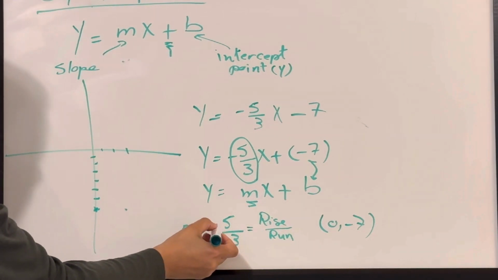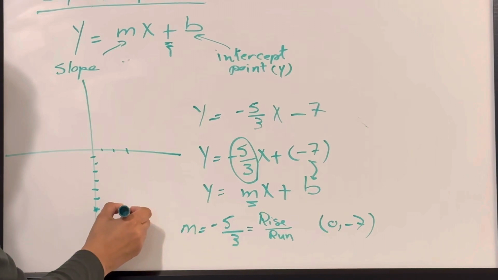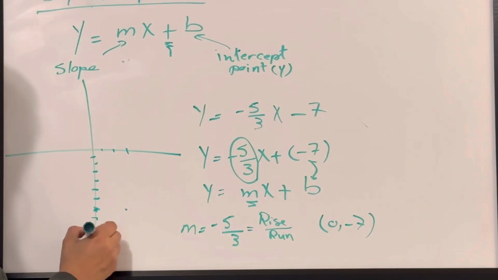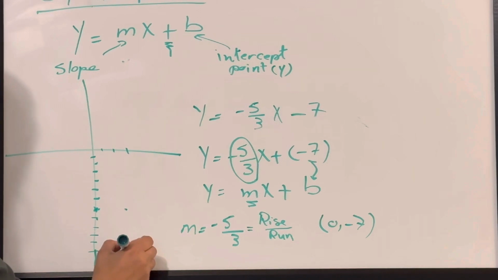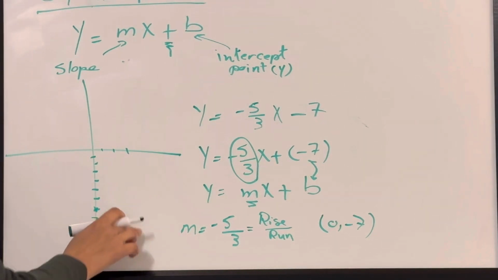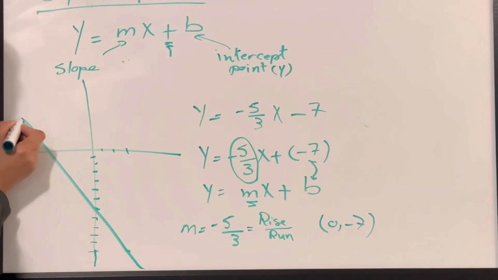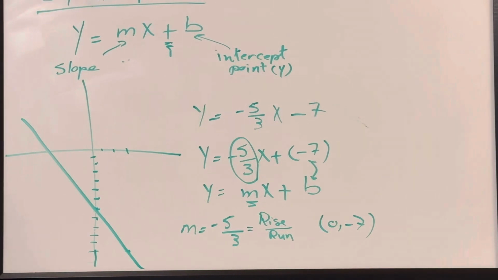So when I'm here, I'm going down 5. So 1, 2, 3, 4, 5. So I will be here. So now I have the second point, and I can draw the line connecting these 2 points together.